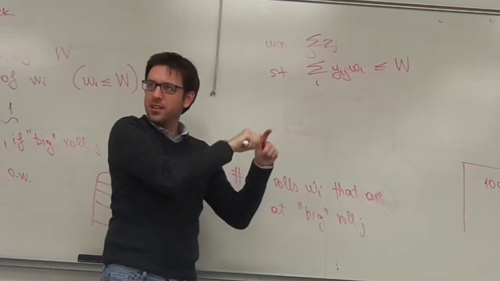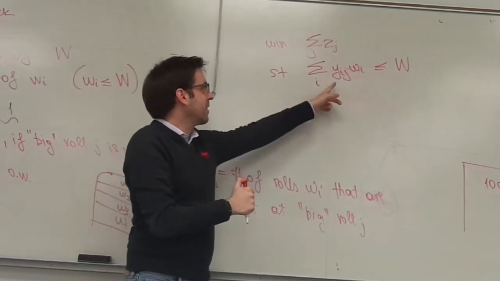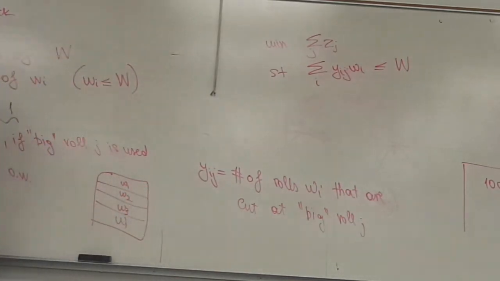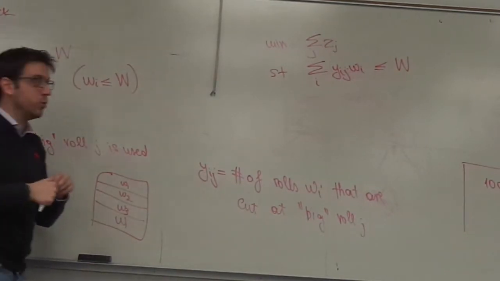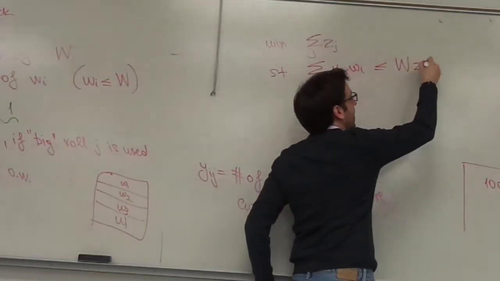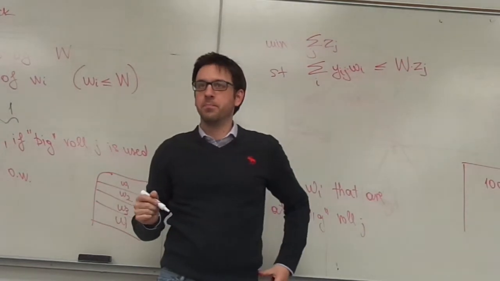Tiny detail there. Remember that I cannot cut unless I've selected it. So basically, if I've selected big roll, then I can cut it. Otherwise, I shouldn't be allowed to. Right? So basically, I'm going to multiply here by zj.